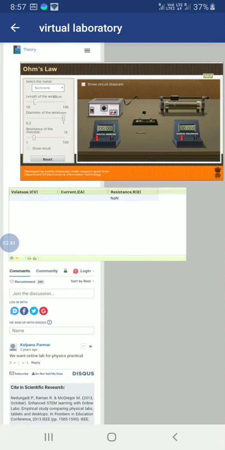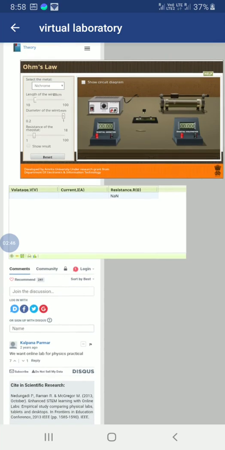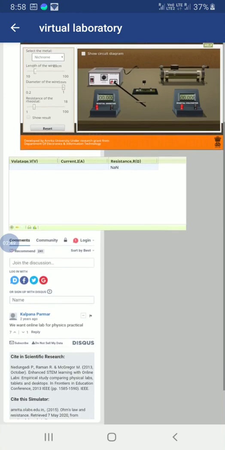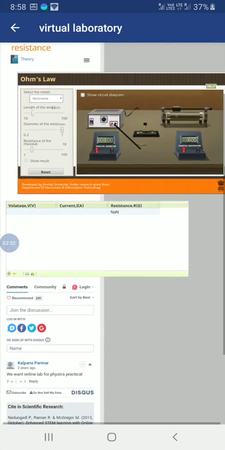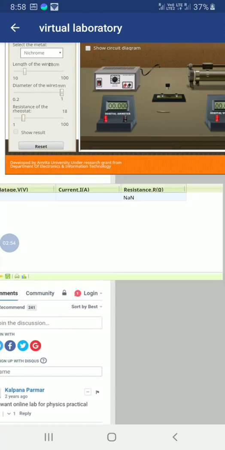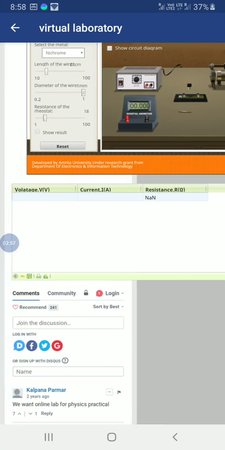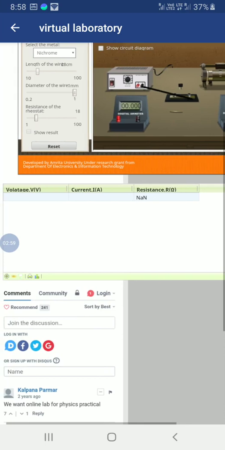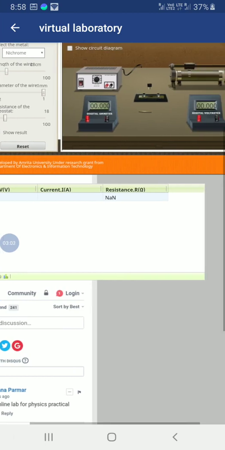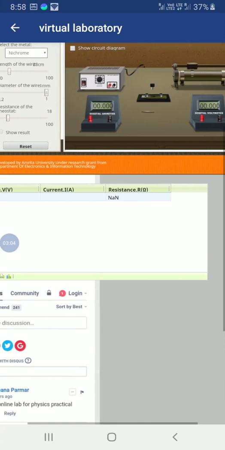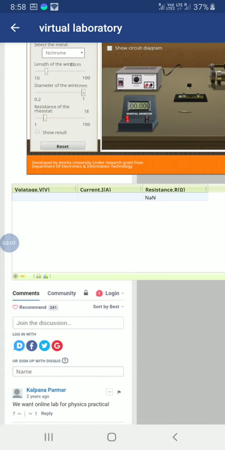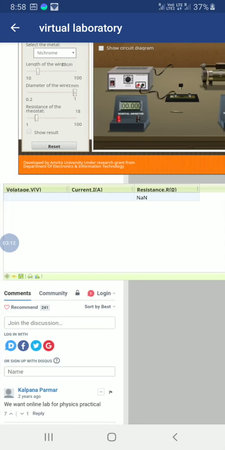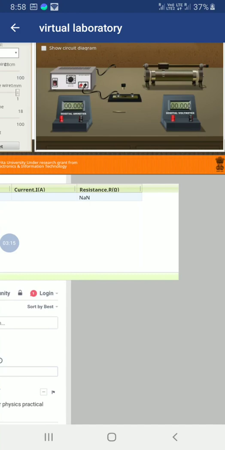So I will touch the positive and I am trying to connect it to the key. So it is connected.